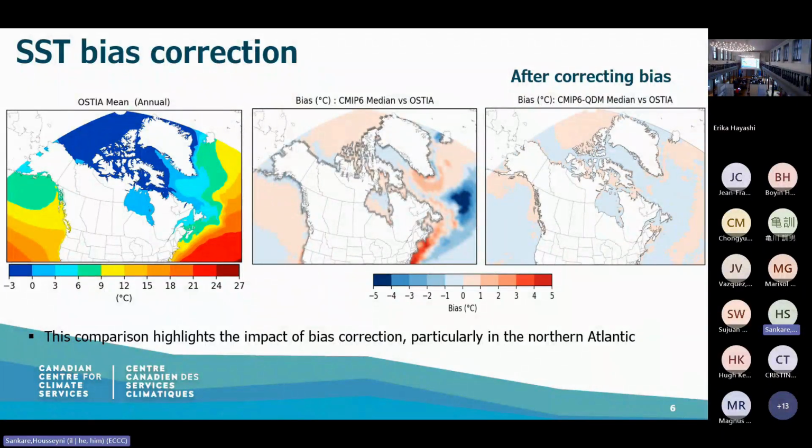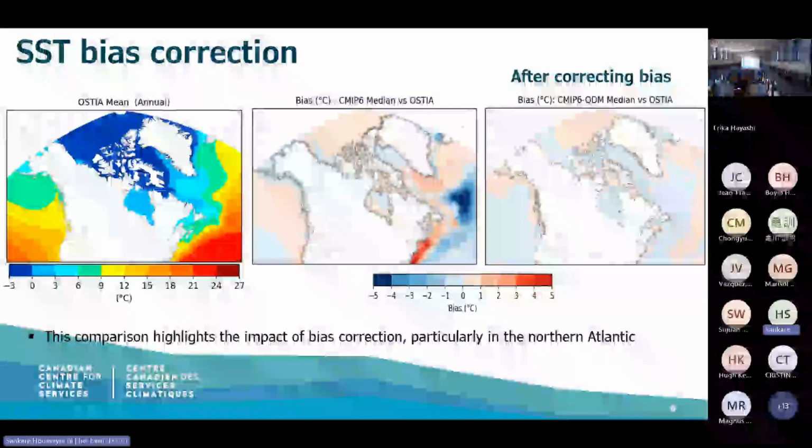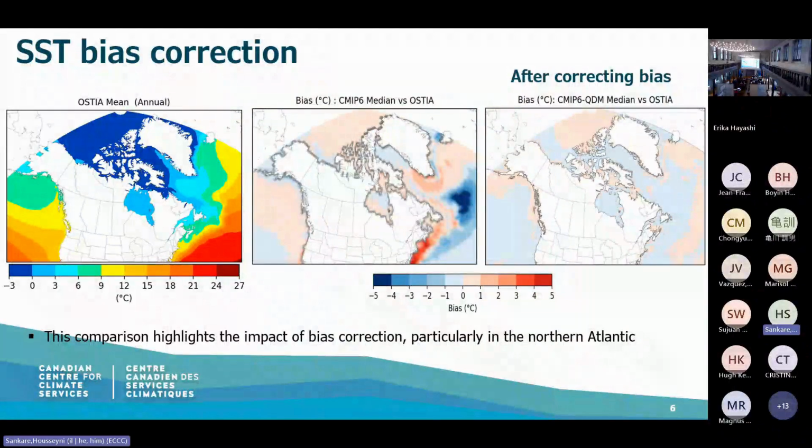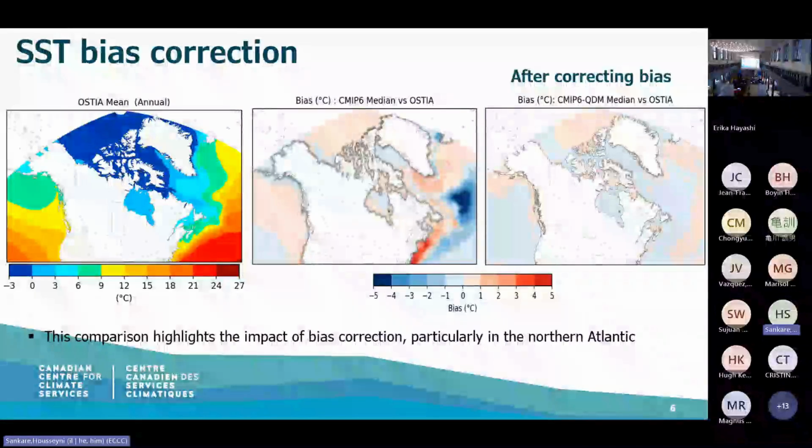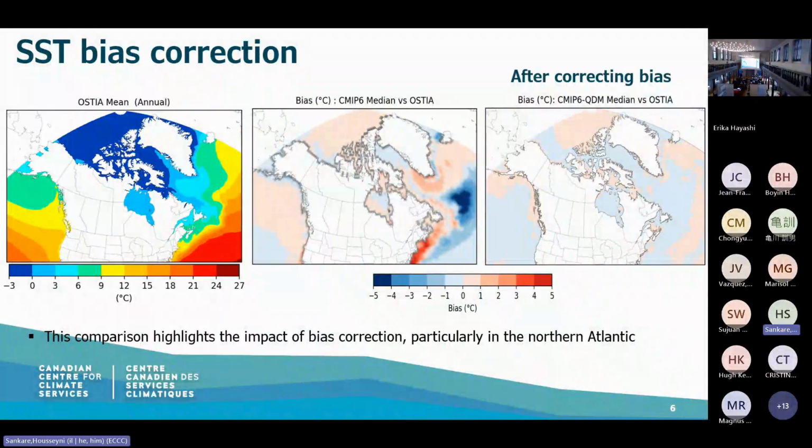The central panel shows the mean SST bias of the uncorrected CMIP6 model median relative to OSIA, showing the magnitude and spatial patterns of systematic bias, particularly in the northern part of the Atlantic Ocean.